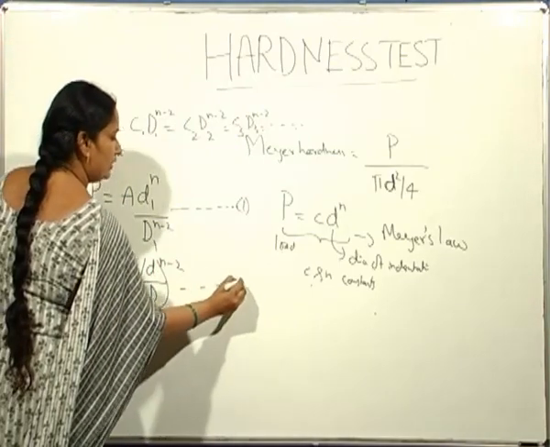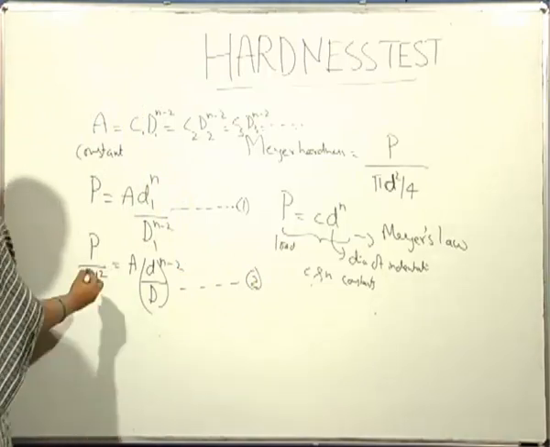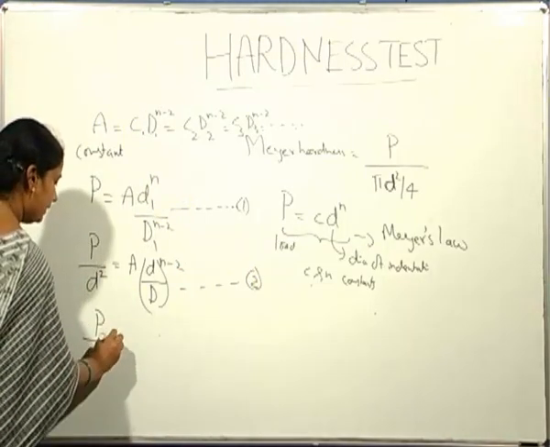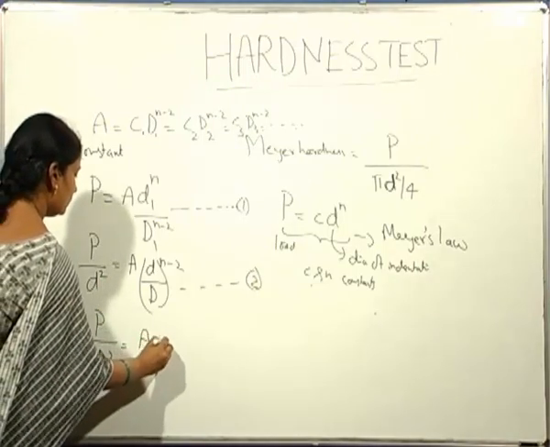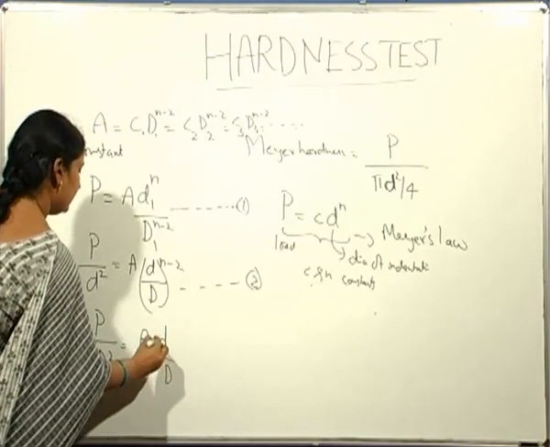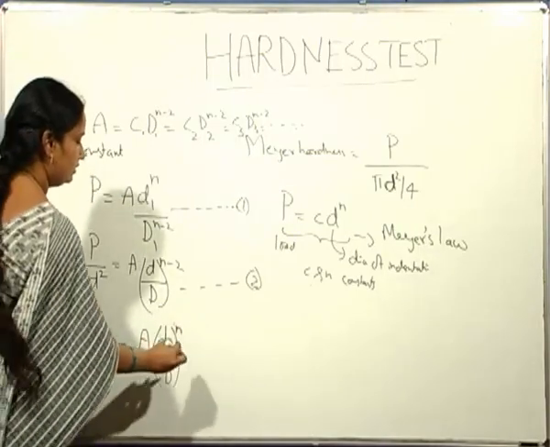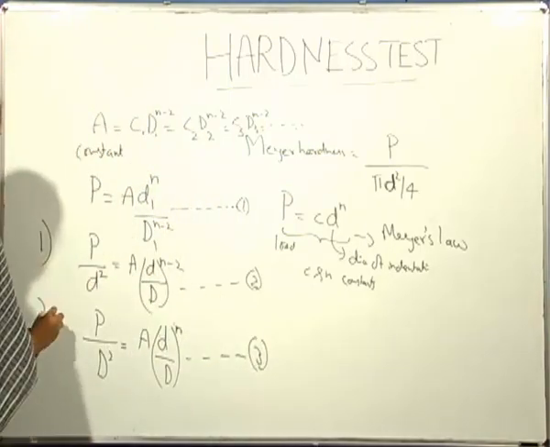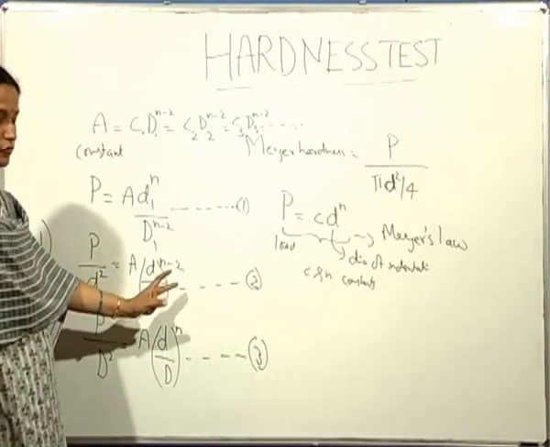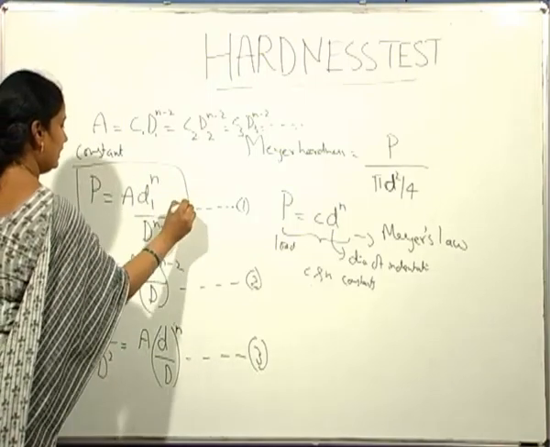This is one useful relationship, the first one, and the second one is P by capital D square is equal to A into small d by capital D whole to the power of n. So these are the first and second important useful relationships that can be obtained from this equation.